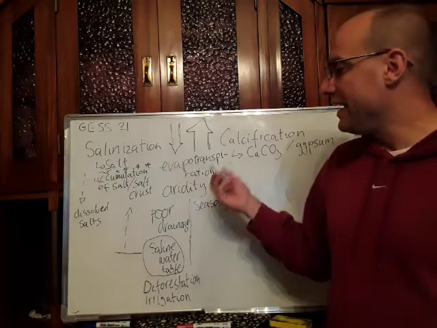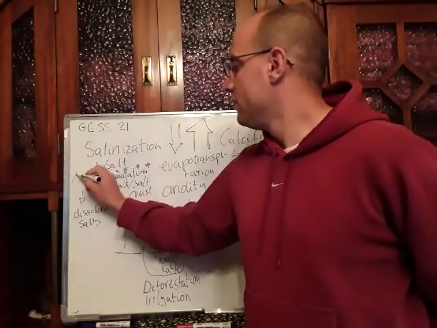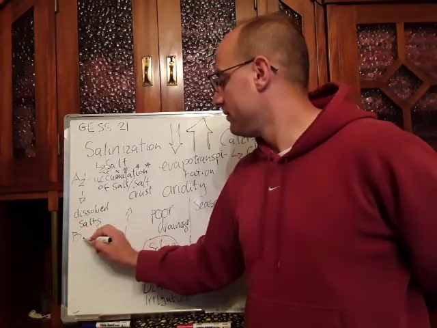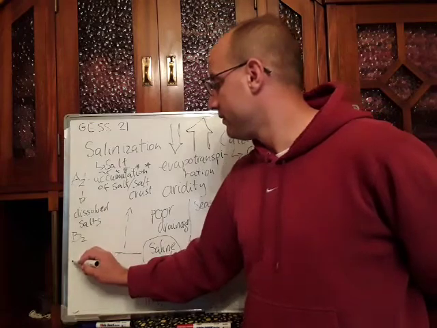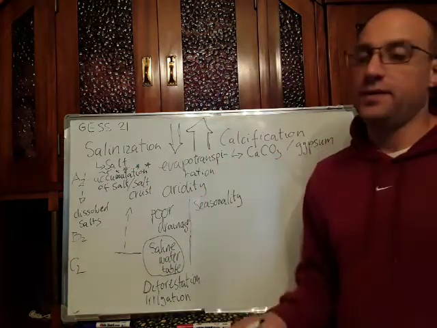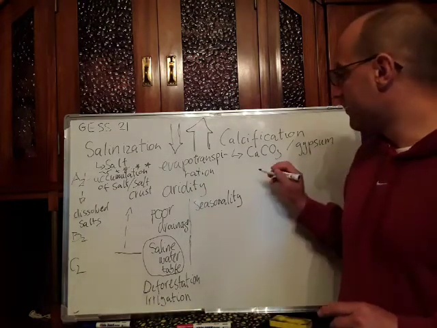We can have here A2, B2, C2 horizons developing, but we don't really need to memorize these because they're so irrelevant. It's really the salt on the top that is relevant for us.